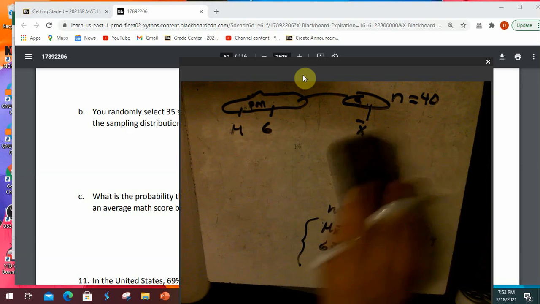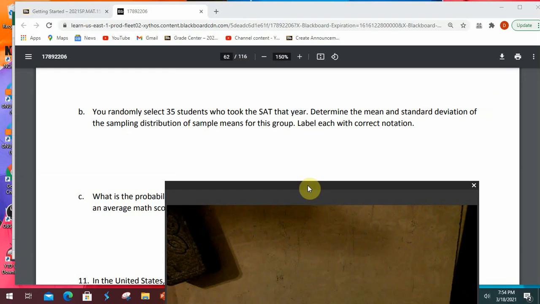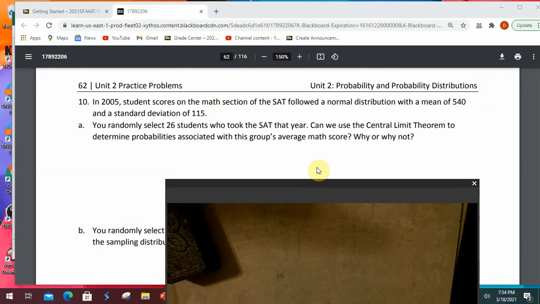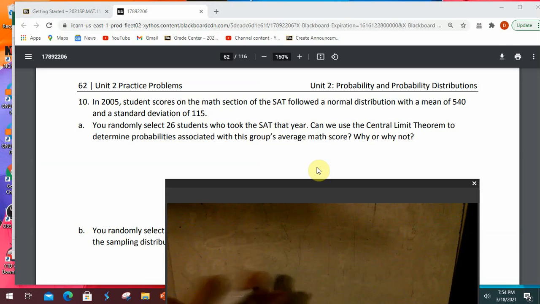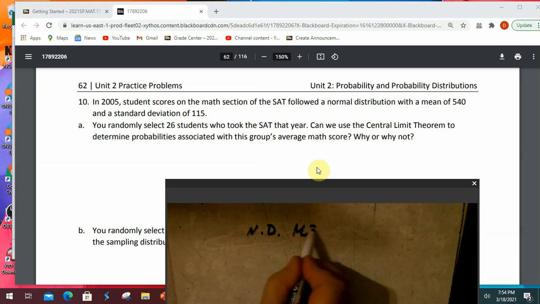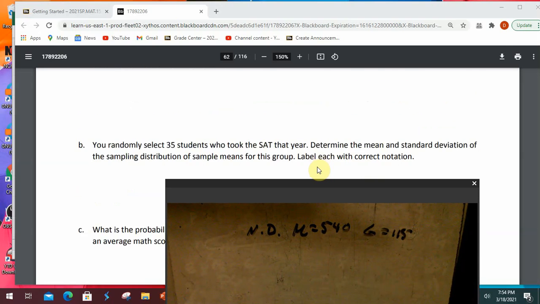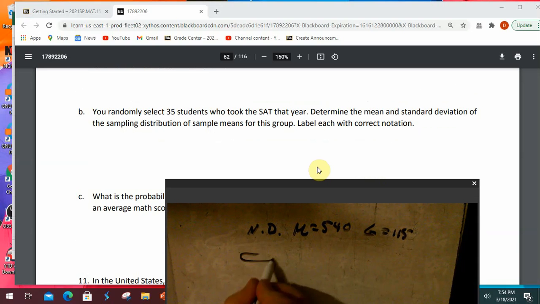So now, let's go to the numbers. It says normally distributed, that's good to know. The mean is 540, and the standard deviation is 115, okay? Then we pull down, and it says I took a sample of 35 students.